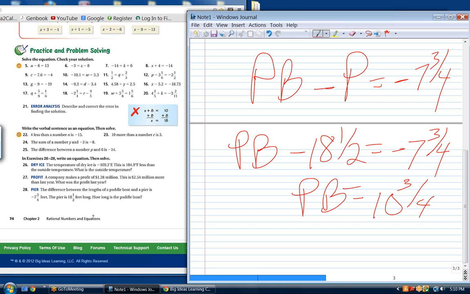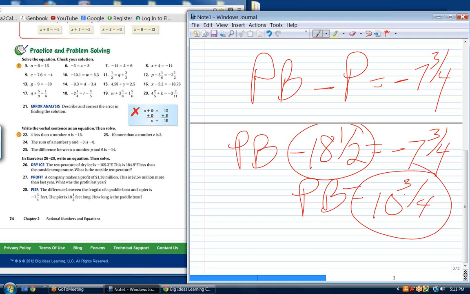Now, going back to this pier problem, you understand my problem with their wording? I don't really know which is bigger. Is the paddle boat bigger or is the pier bigger? Well, typically a paddle boat would be smaller than a pier. So it's reasonable that the paddle boat would come out to be 10 3/4 feet and the pier is 18.5 feet.